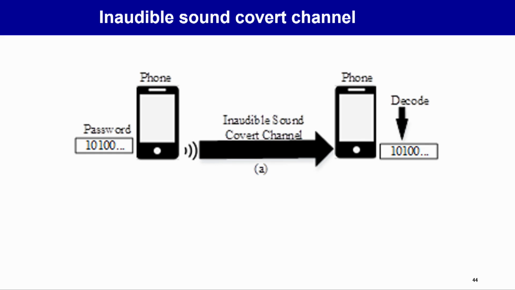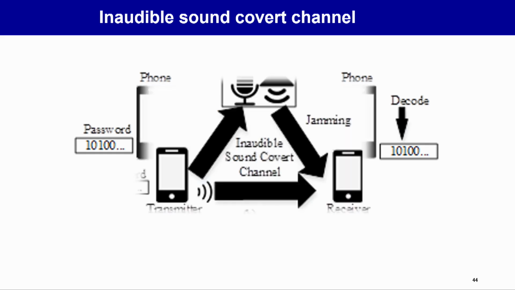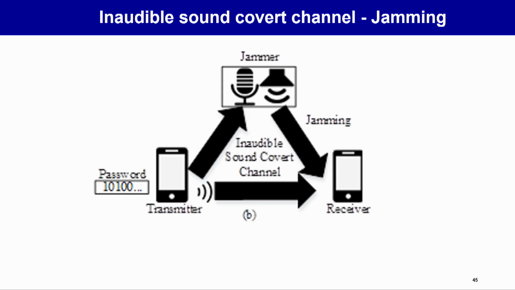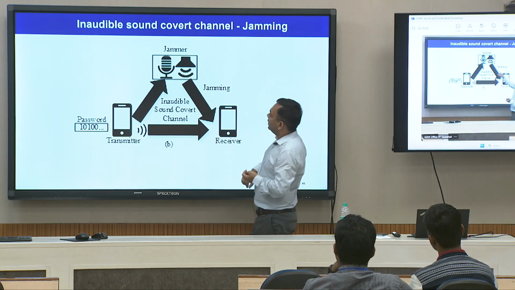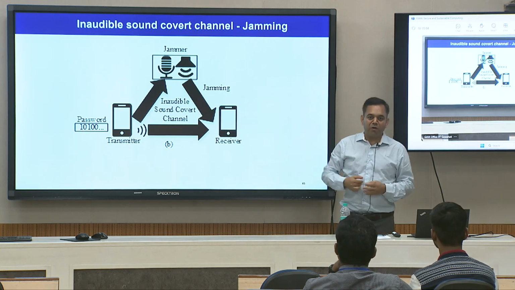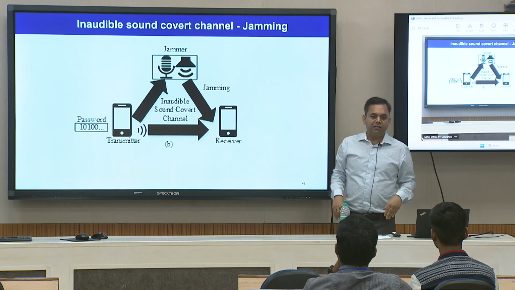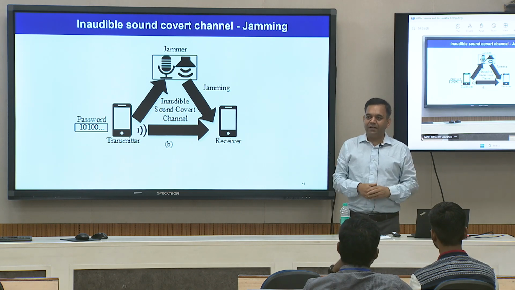You need a microphone, and that microphone will receive it. If it senses a high sound level or a low sound level, it can add some extra sound just to make the overall sound level as flat as possible.